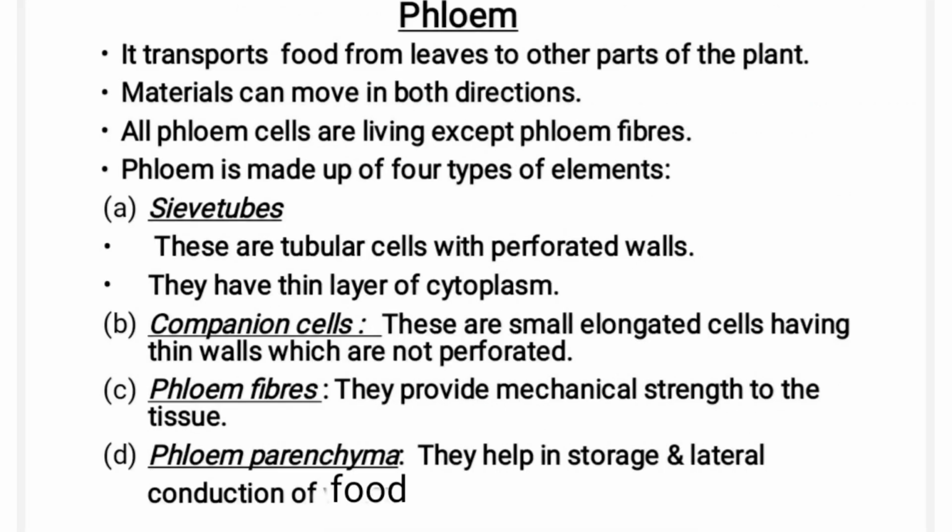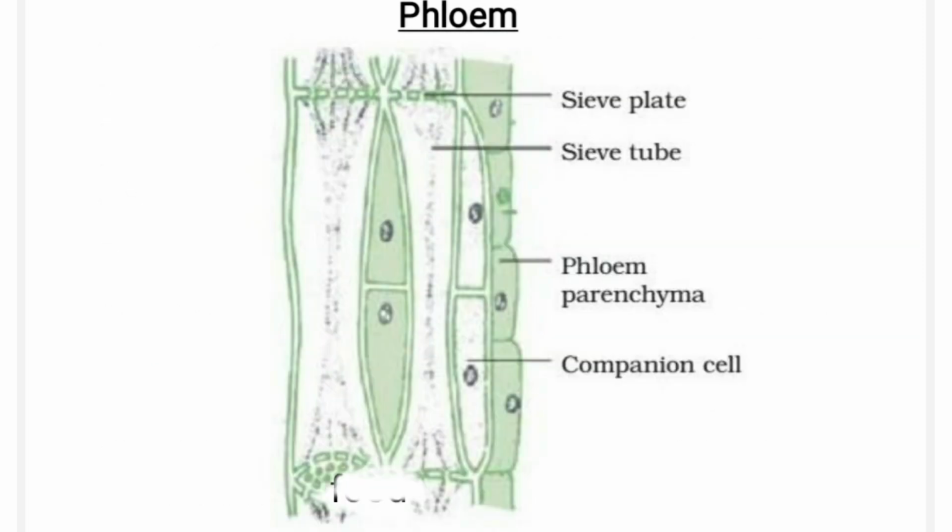Next is phloem. It transports food from leaves to other parts of the plant. Materials can move in both directions in it. All phloem cells are living except phloem fibers. Phloem is made up of four types of elements: sieve tubes, companion cells, phloem fibers, and phloem parenchyma.